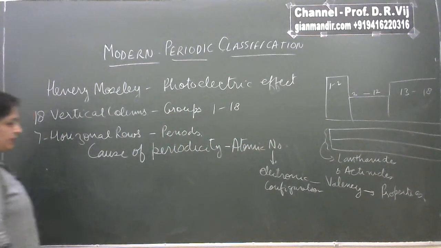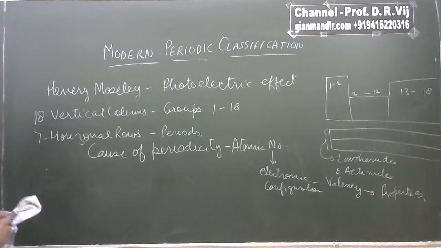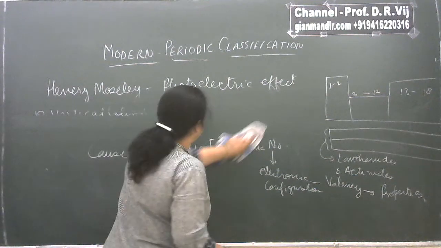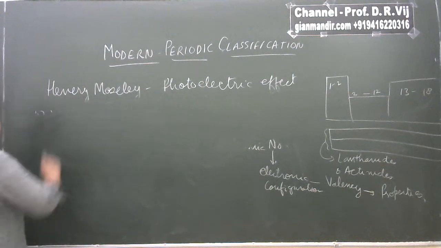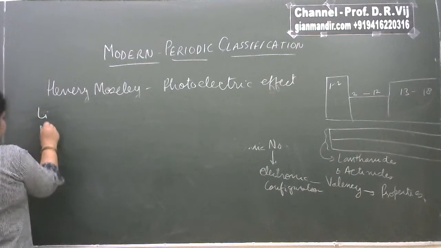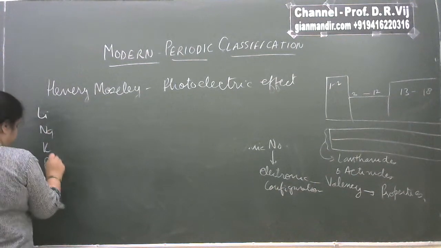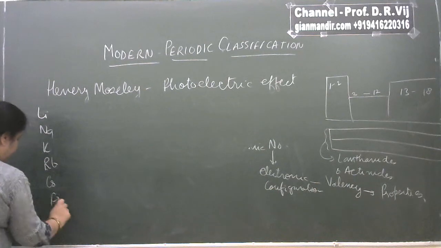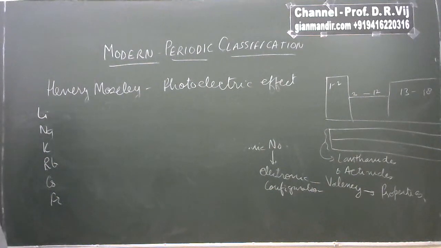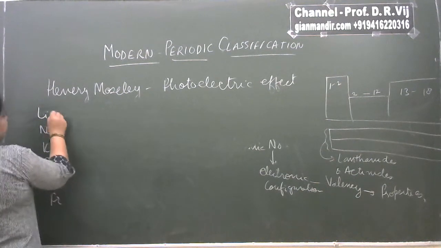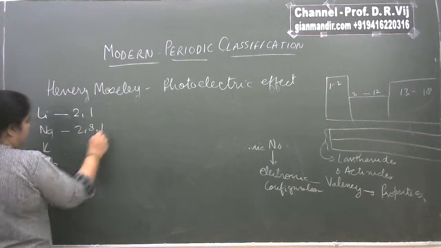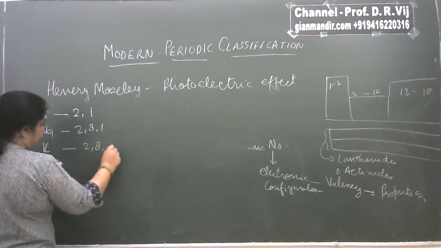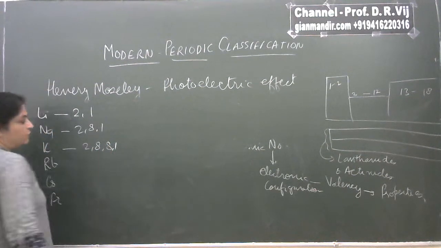Like if we talk about the elements of group 1 in the modern periodic table, the elements of group 1 are lithium, sodium, potassium, rubidium, cesium and francium. If we look at the electronic configuration of the first few elements of this group, lithium has electronic configuration 2,1, sodium has 2,8,1, potassium has 2,8,8,1 and so on.